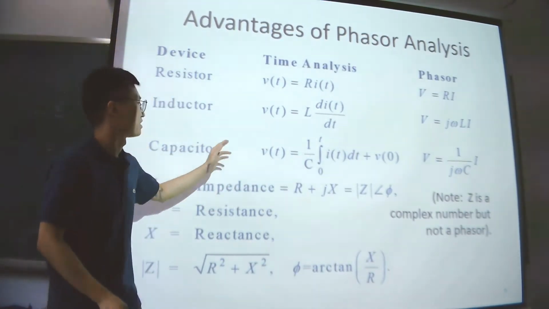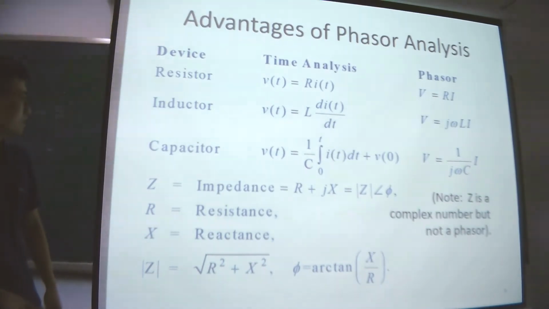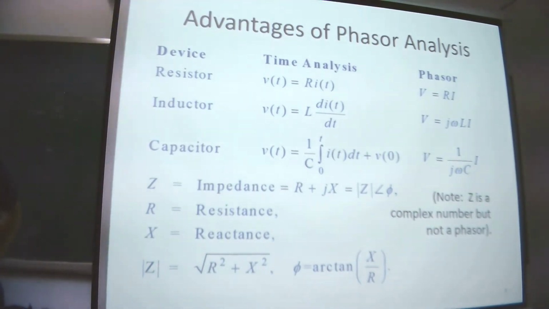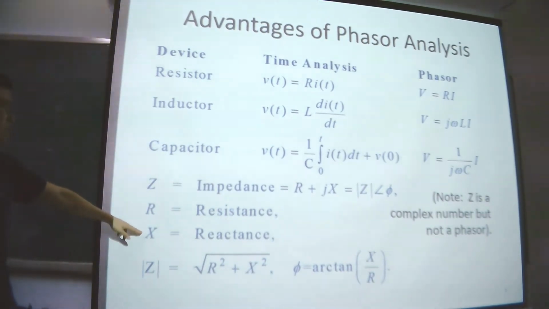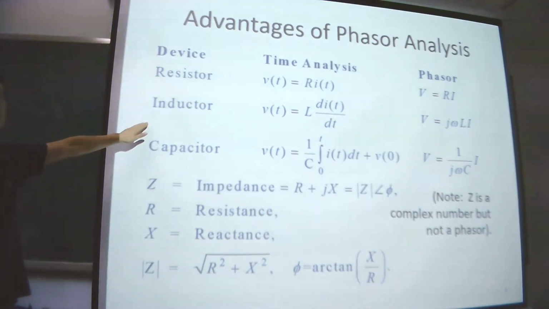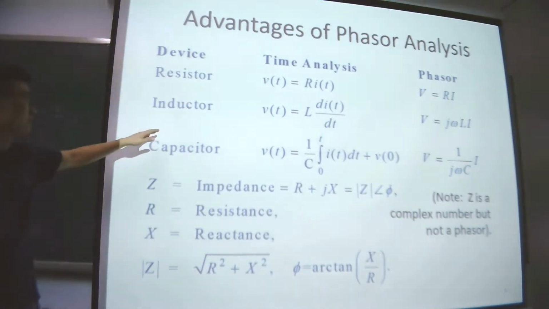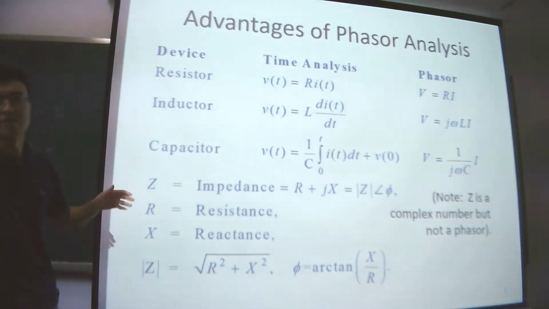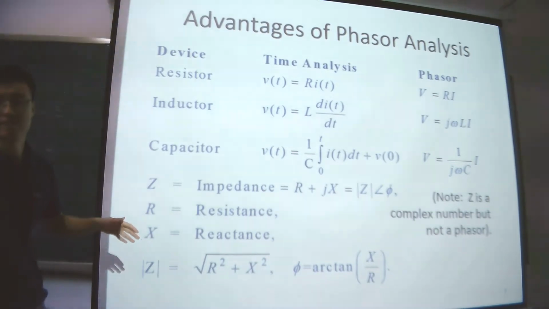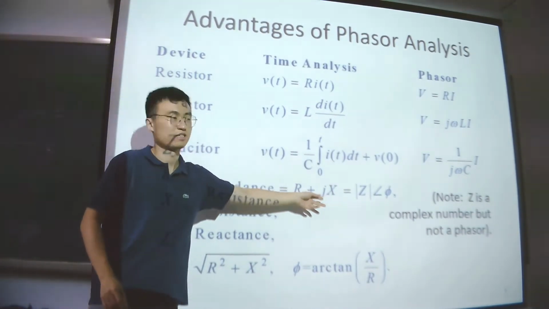The imaginary part is the reactance. So generally, the resistance will be resistors and the reactance will be inductor or the capacitors. These two do not make power directly, because they are on the imaginary part.